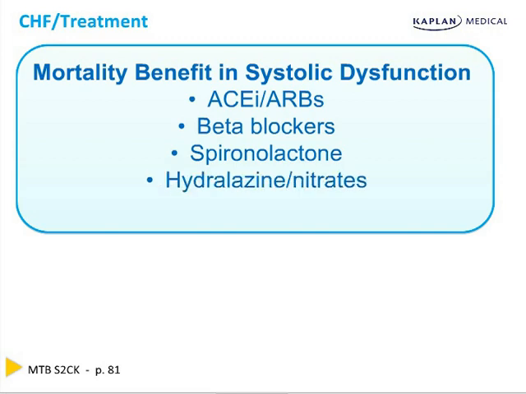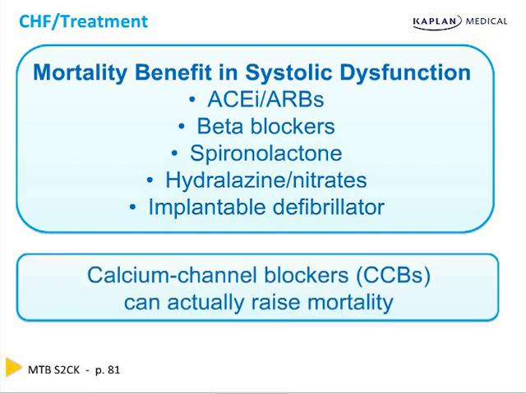Hydralazine and nitrates is not as good as an ACE inhibitor, not as good as an ARB. It's a third-line drug for people who just can't take ACE or ARB. Implantable defibrillators help, and they do decrease mortality. Calcium channel blockers do not lower mortality, and in some people they actually can raise mortality.